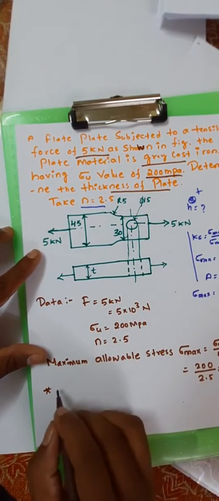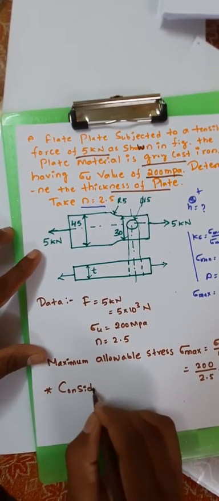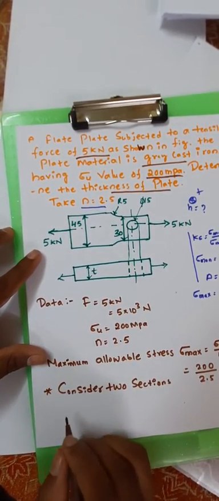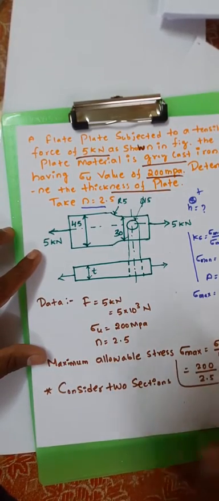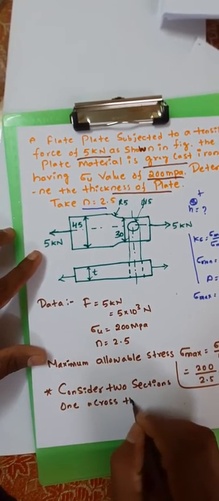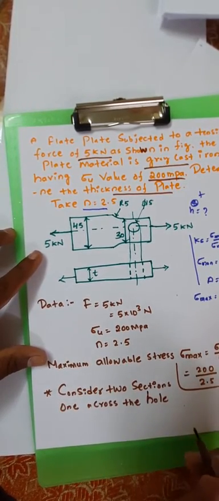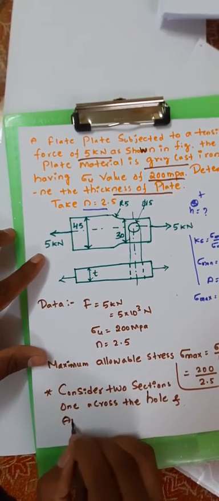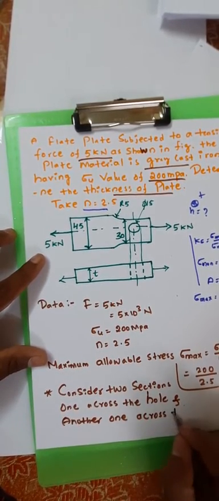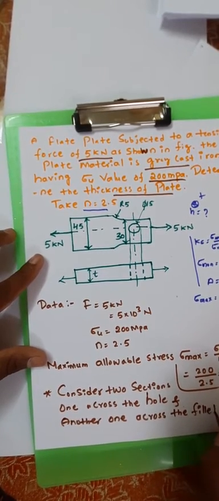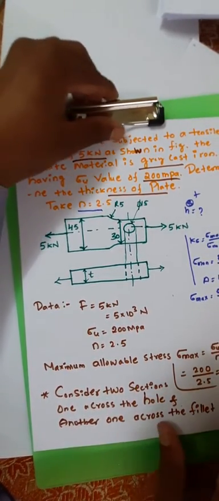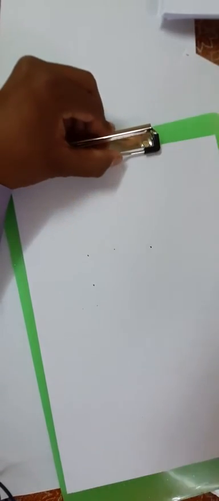So consider two sections: one across the hole and another one across the fillet. This is the given problem.